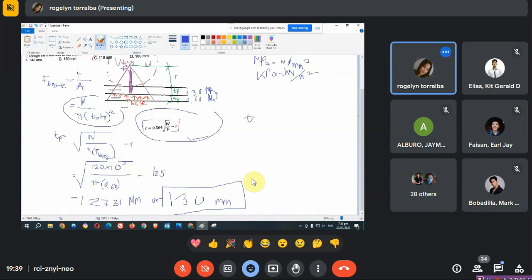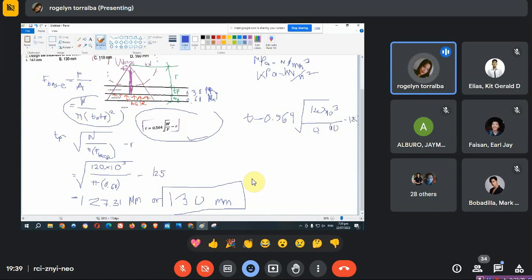Thickness is 0.564 square root of 120 times 10 to the power of 3 over F nga 0.60 minus 125, no?